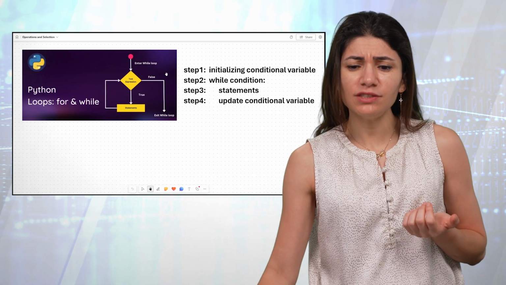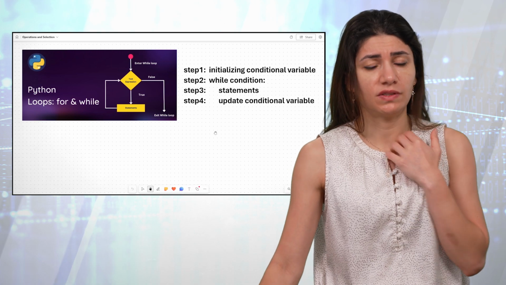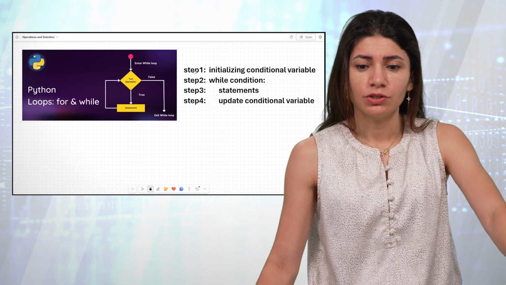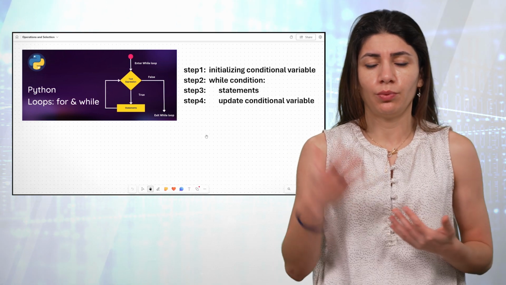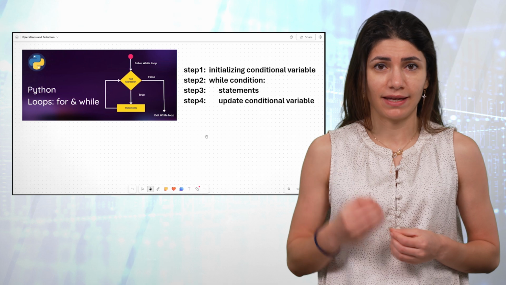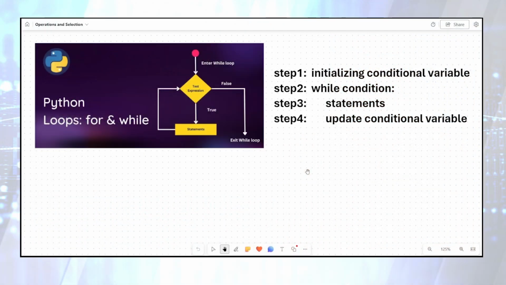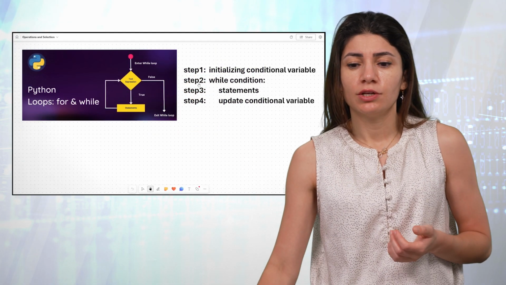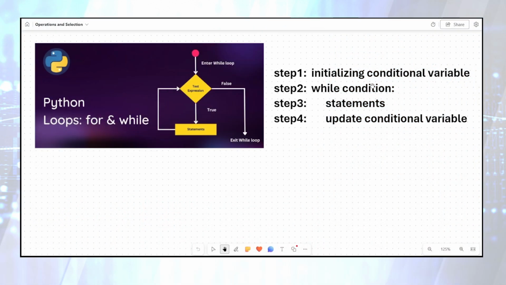So let's review the while loop steps for a second, because some of the steps are the same for both of them. When we were writing a while loop, we had 4 steps that we needed to follow exactly in the order they come. Step 1, you have your conditional variables. You set them up and initialize them, so you have something to set your conditions with. Then you have your while keyword, and then you put your conditions. It could be one condition, it could be multiple conditions, depending on the problem that you have. Then inside your while loop block, you have your statements.